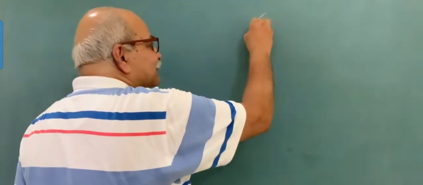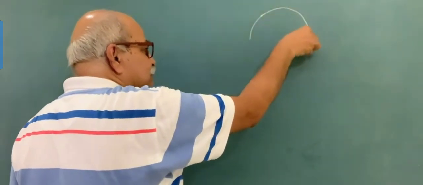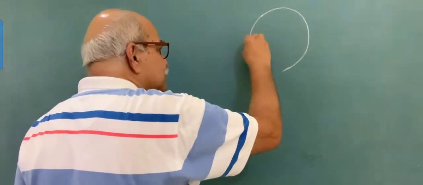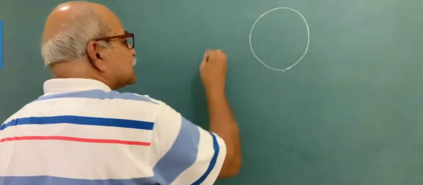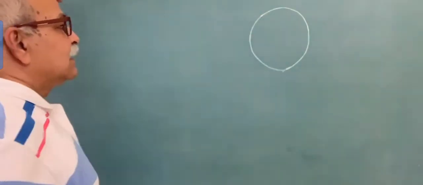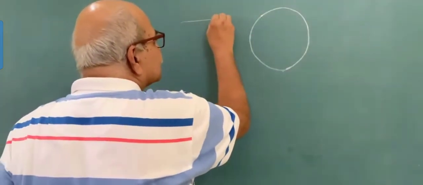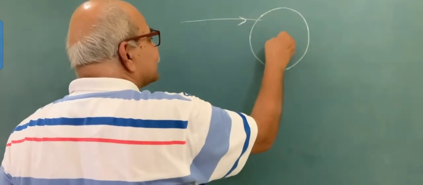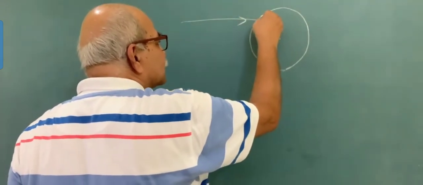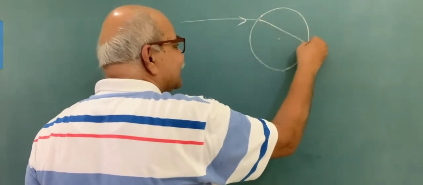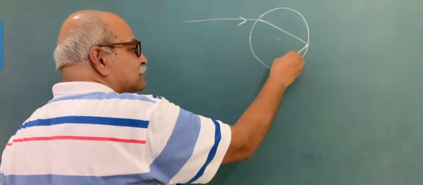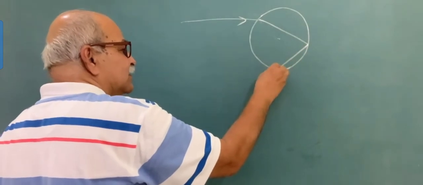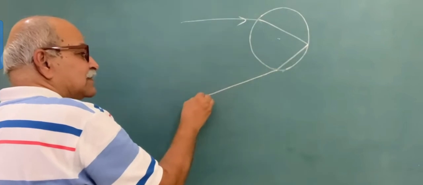Okay, so now let me draw this diagram again, only showing the relevant lines. So this is our drop, and light is coming from the left. Say it comes from here, and this is the center. So it bends towards the center, and then reflects, and then again it transmits like this.